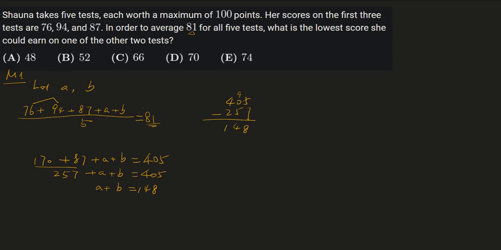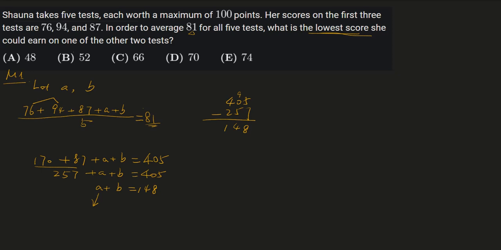Good. And what's the question? We want to know the lowest possible score she could earn on one of the last 2 tests. So which means we want one of the 2 quantities, or the 2 variables A and B, to be as low as possible. For example, we want this A to be as low as possible. In that scenario, the value of B has to be as high as possible. Then can you go to infinity?